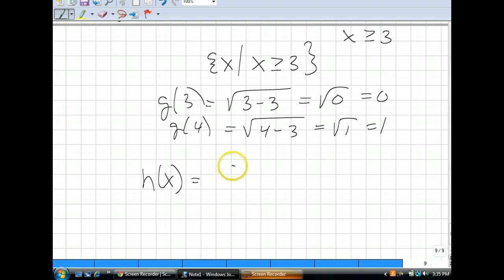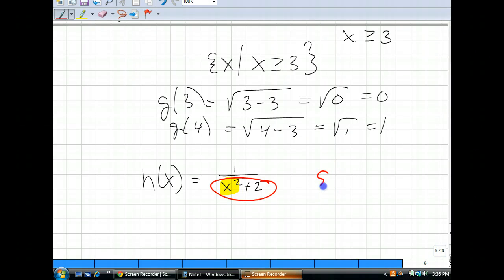Okay? Now, final example, if I have h of x, and we can use any letter to represent a function, and my rule is 1 over x squared plus 2. Is there any number that I would put in for x here that would cause me to make my denominator into a 0? In other words, is there any number I can put in for x that will give me a negative 2? No, there's not. And so in this case, my domain is all real numbers.